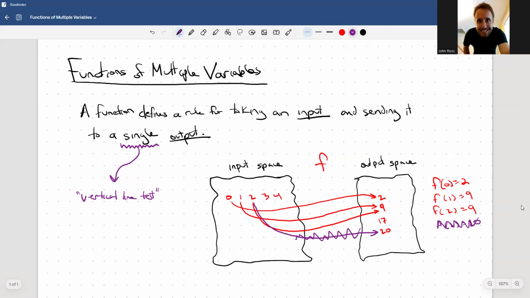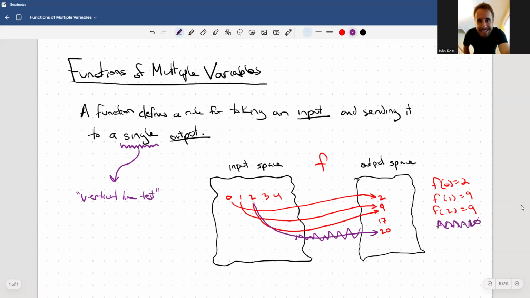So we must make sure that any vertical line drawn in the graph of our function only hits the graph at most once.